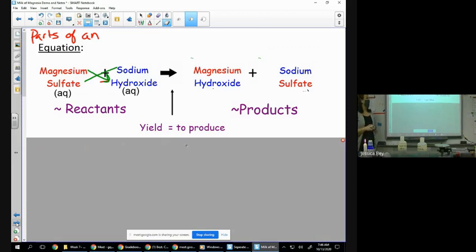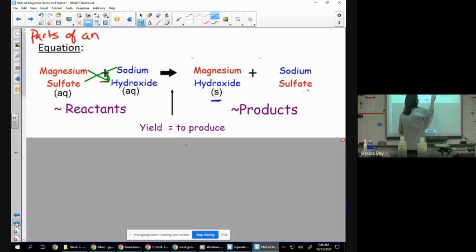Awesome. So what I would say is that magnesium sulfate reacts with sodium hydroxide to yield magnesium hydroxide and sodium sulfate. The interesting thing about this is that magnesium hydroxide, what you see under here, is telling me that it's a solid.